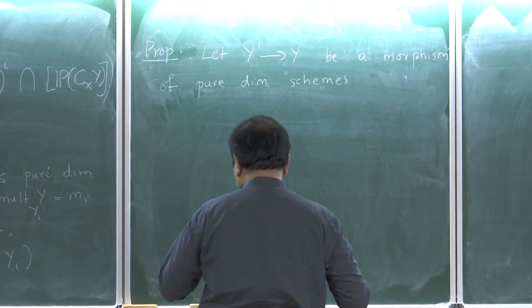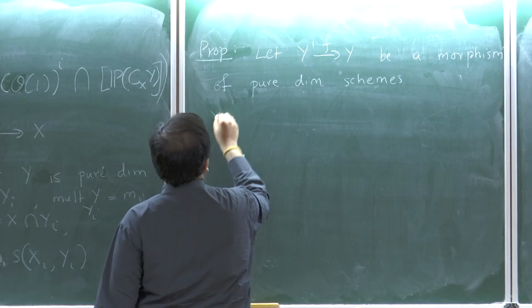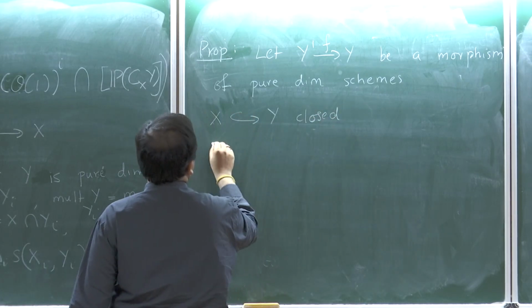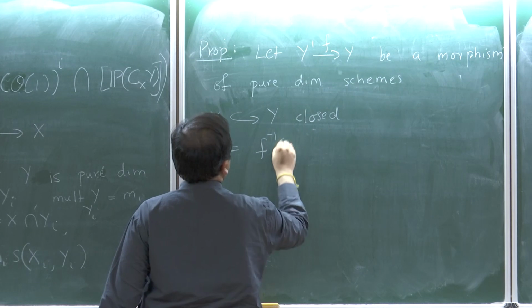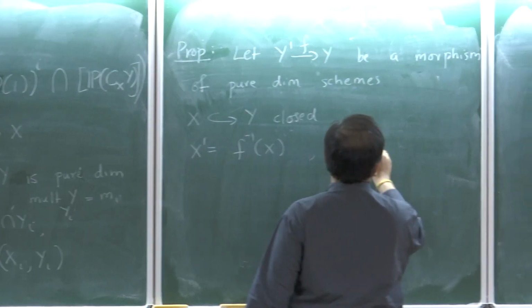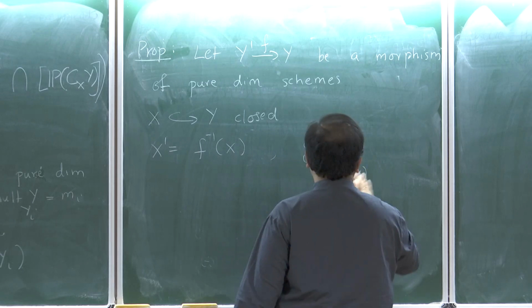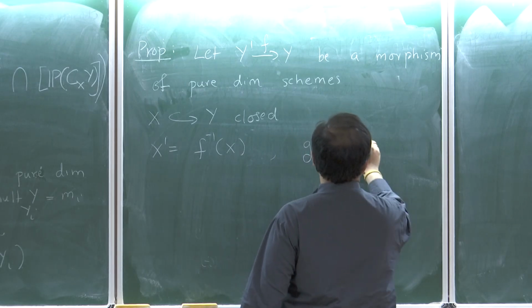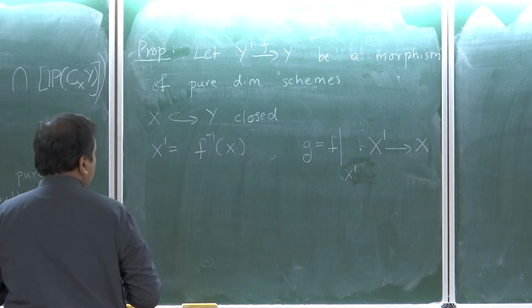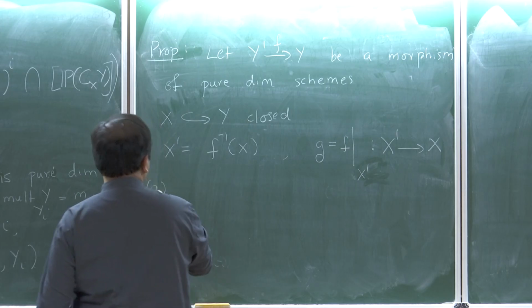X in Y is closed, X prime is equal to f inverse of X, and g is equal to f restricted to f inverse of X, to X, so this is going from X prime to X. So you have a square of these things. Anyway, I'll draw that square later.